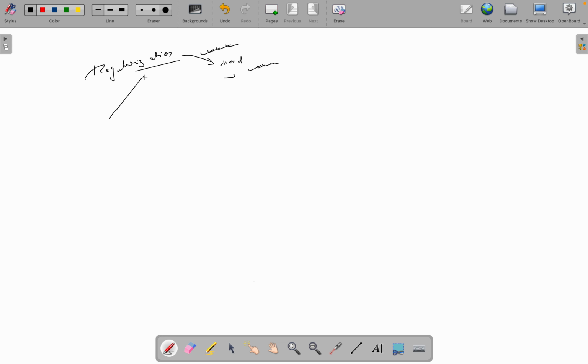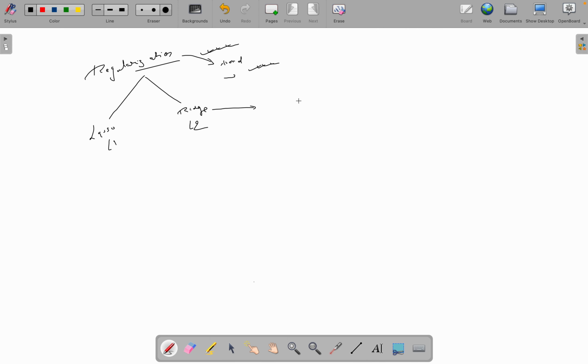In linear regression we have lasso and we have ridge. Lasso is called L1 and ridge is called L2. Okay, so what is ridge and what is lasso?